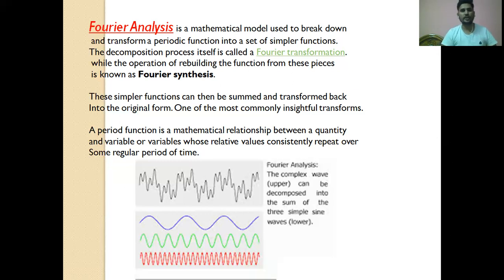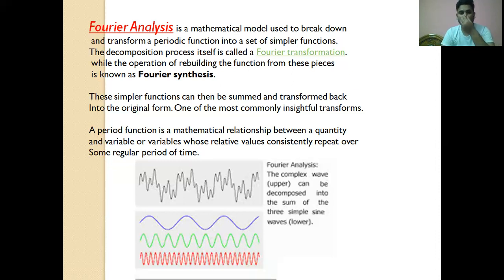So the Fourier analysis is a mathematical model which is used to break down periodic functions into a set of simpler functions. This is called Fourier transformation, and the divided blocks are rebuilt after the transformation; this rebuilding is called Fourier synthesis.